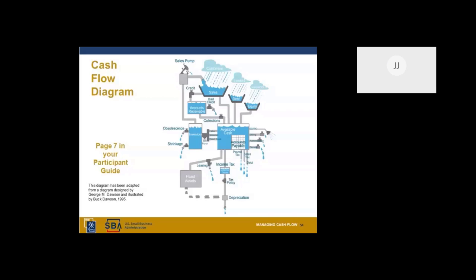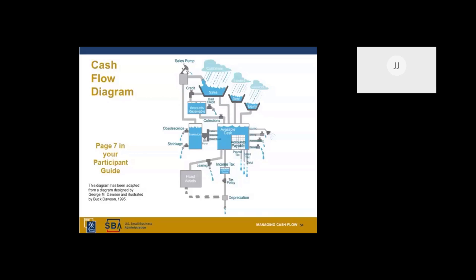As it notes on the slide, the diagram was adapted by George M. Dawson, illustrated by Buck Dawson. But it's really a visual representation of how cash flows in and out of a system or a business. So the water is going to represent the cash flowing in the system. When you start your business, your money is flowing into the business via either debt or equity.